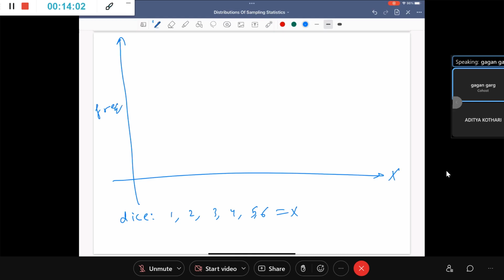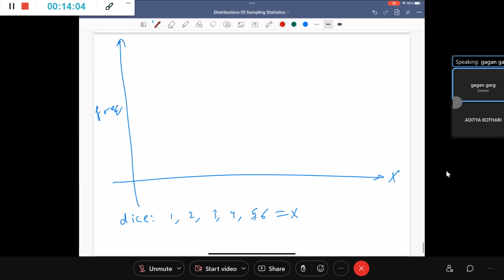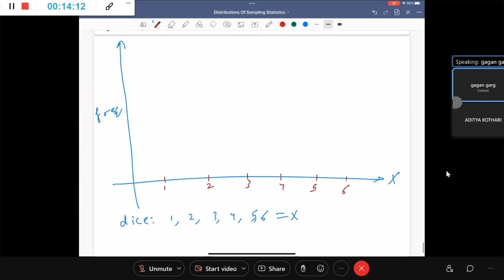So you are throwing the dice many times, and then you're counting how many times you got a 1, and so on up to 6. Let's say you get 1 many times, you get 2 a little bit less, you get 3 a little bit more. This is how the plot would look if you have one dice and you throw it and you plot the number of times each output comes.